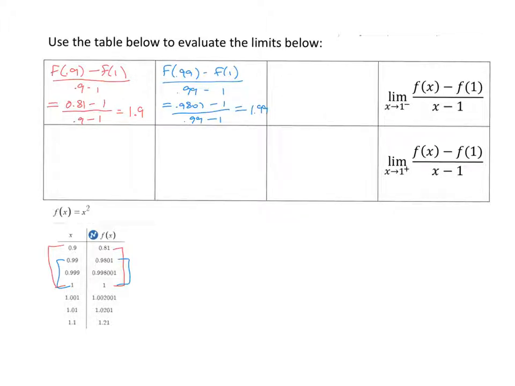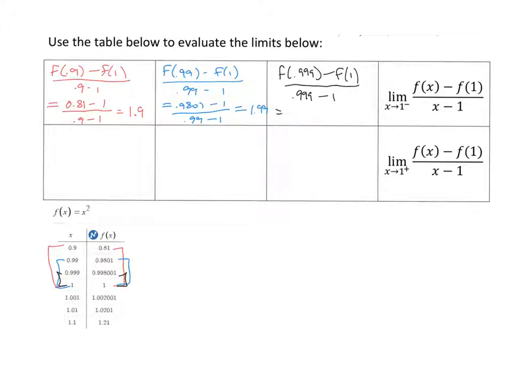And finally, we'll do the closest. So we do f of 0.999 minus f of 1 divided by 0.999 minus 1.